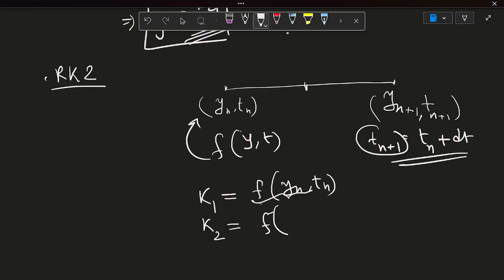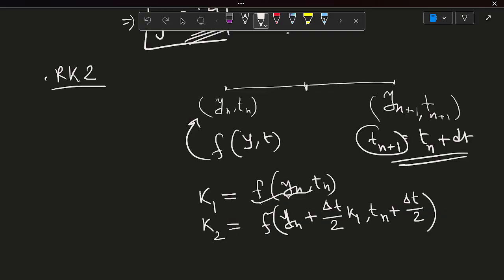So you will write here f of yn plus delta t, which is your dt or h, by 2 times k1, and here you will have tn plus delta t by 2.